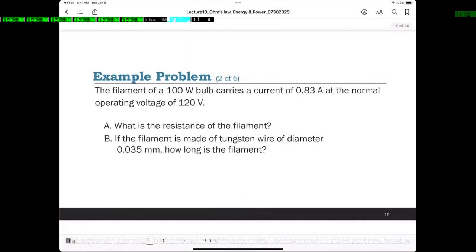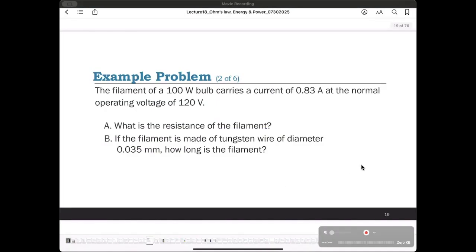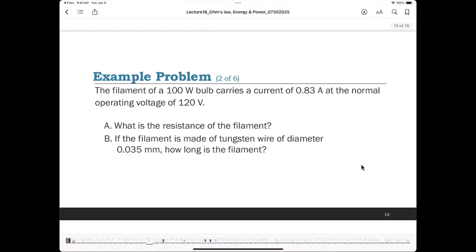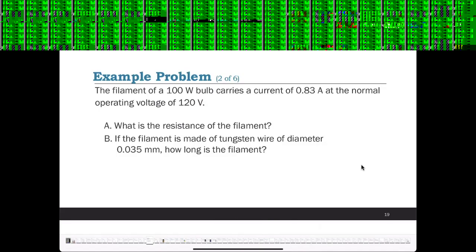Let's talk about an example problem. The filament of a 100-watt bulb carries a current of 0.83 A at the normal operating voltage of 120 volts. What is the resistance of the filament?